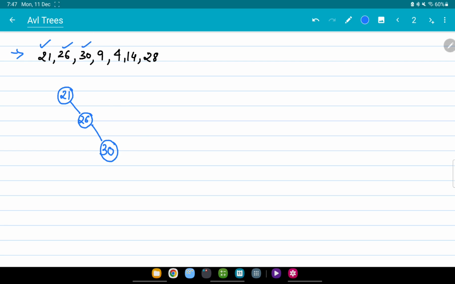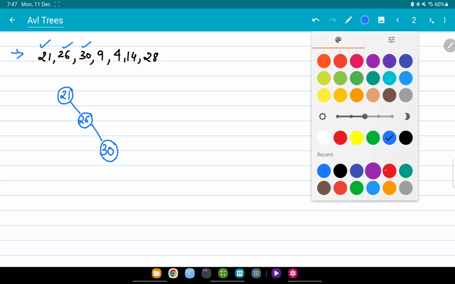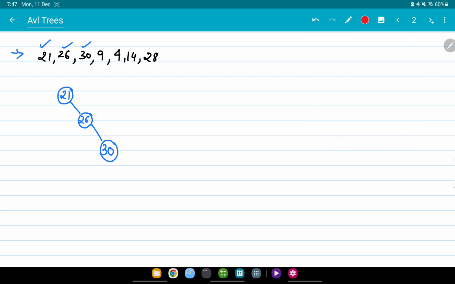Now comes the time when we have to check the balance factor once again. Whenever you're computing the balance factor, go from the bottom. Don't go from the top, start from the bottom. So the balance factor for 30 is 0 because there is no left or right subtree, it is a leaf node.